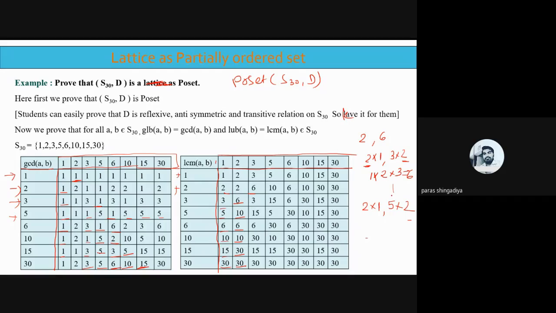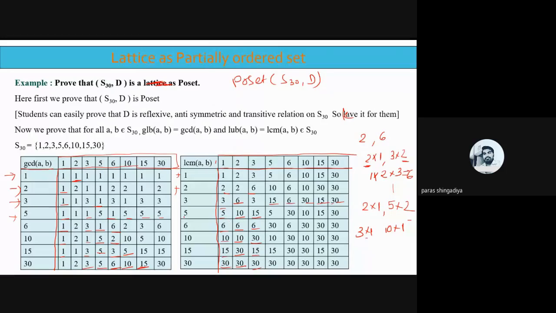So why is it 30 here? 3 into 1 and 10 will be written as 10 into 1. Okay. So the common multiple is 1, so it will be written as 3 into 10 into 1, and that is 30. Clear? And then after that, 3 with 15, it is 15. 3 with 30, it is 30. And use these values 15, 6, 30, 15, 30 in this column.